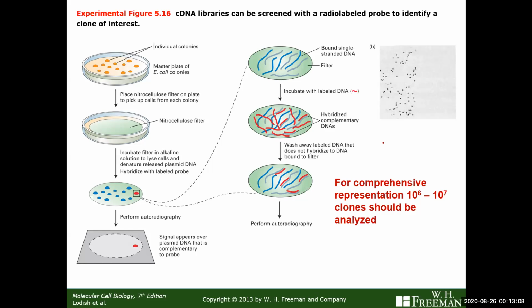Onto that, you add this radioactive DNA, which is a little part of the total mRNA sequence. Then, following the methods that were established by Southern hybridization, consider the whole filter paper, which is a replica of the bacterial plate, with all these different colonies.